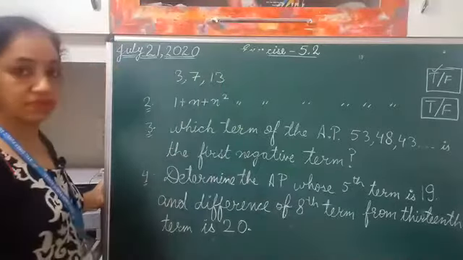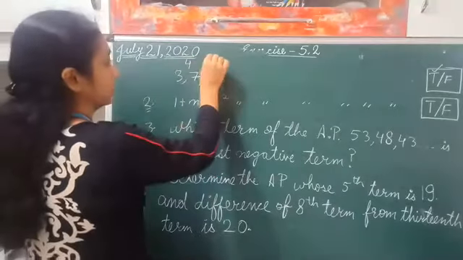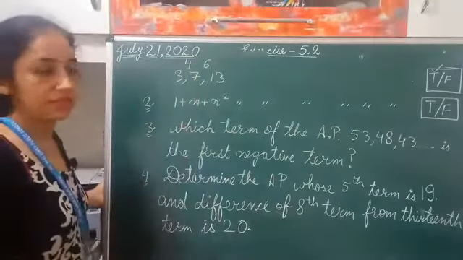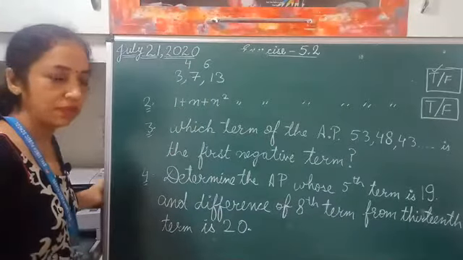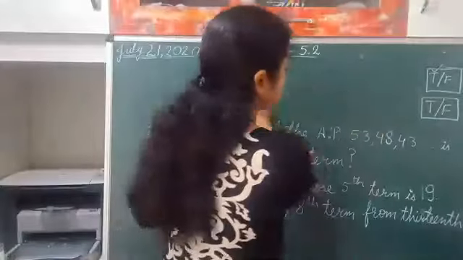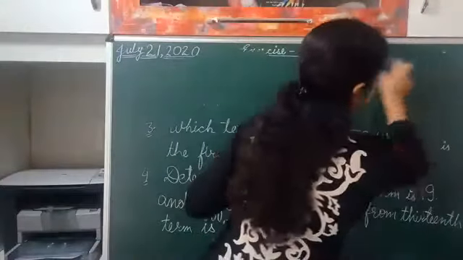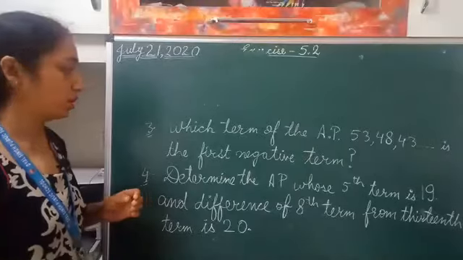Is the difference same? 7 minus 3 is 4. Here the difference is 6. So the difference is not the same, which means this is not an AP. Clear? So by just looking at the polynomial, the nth term, we may say whether this will be the nth term of an AP or not, right?